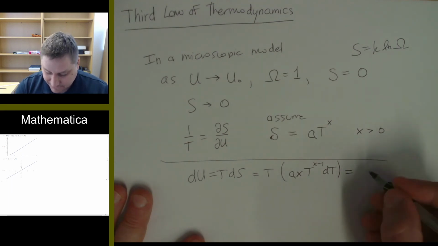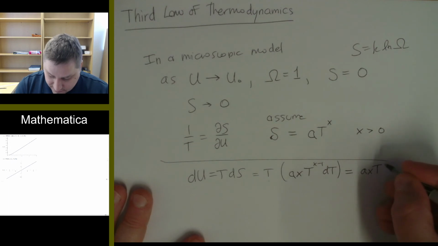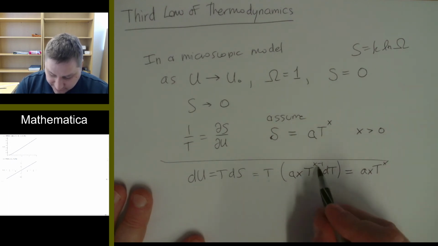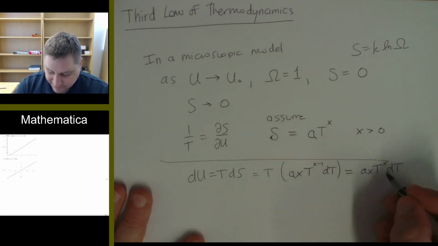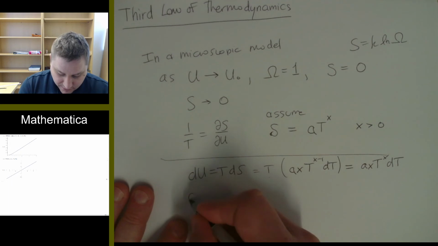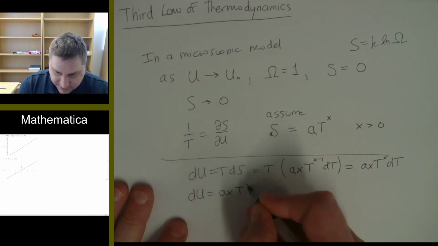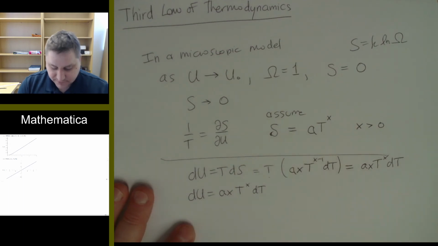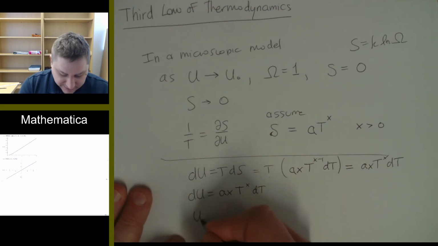And that I can simplify to A x, the T's multiply to get rid of the minus 1. So A times x times T to the x times dT. All right, so dU is A times x times T to the x dT, like that. All right, so this is just U versus T now. I can integrate this.